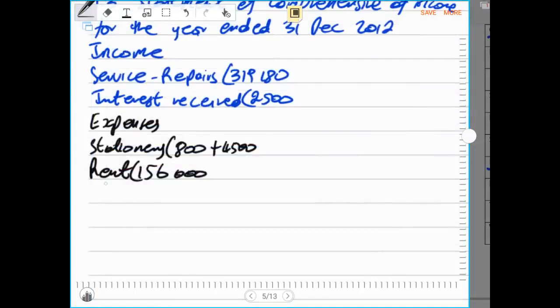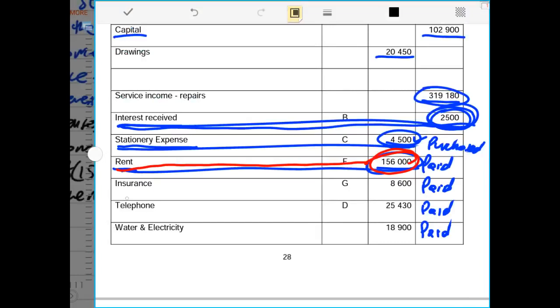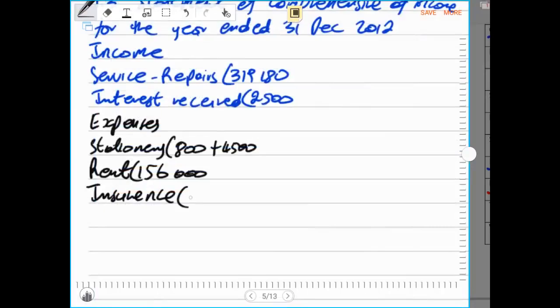The next expense is insurance expense, and our insurance in the trial balance is 8,600. You just record everything that is in the trial balance that affects your income statement.